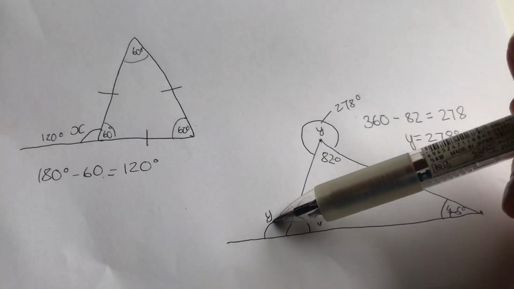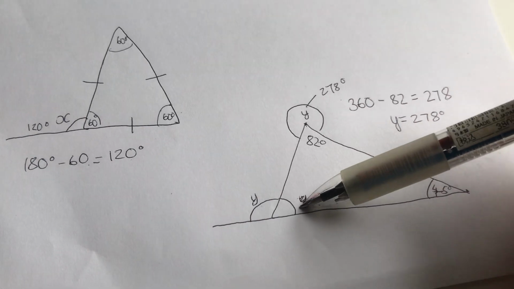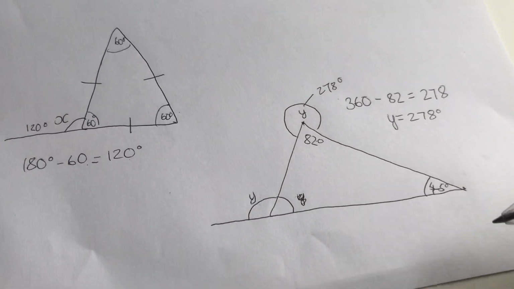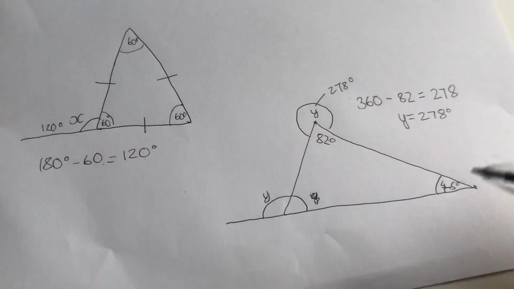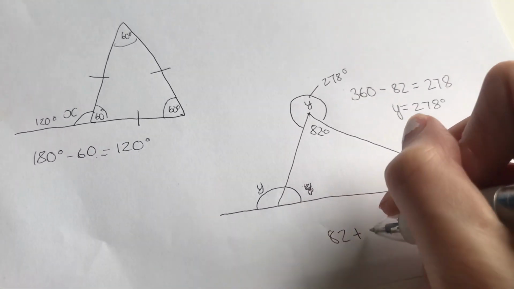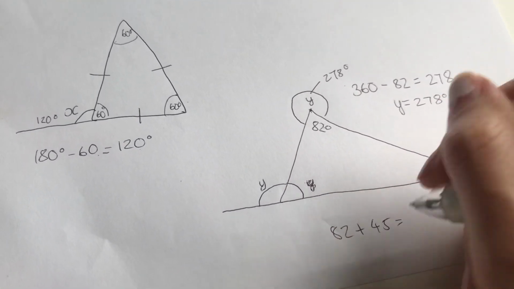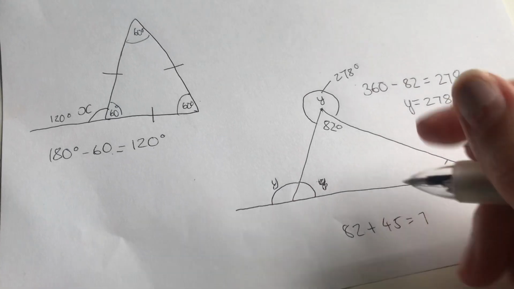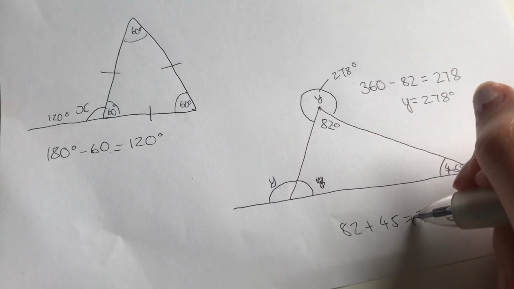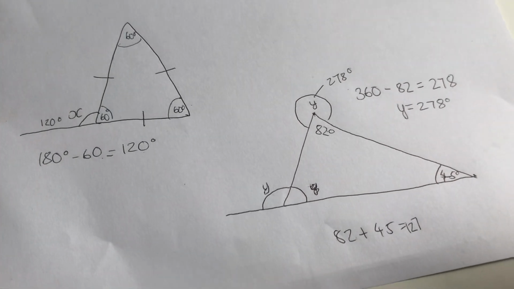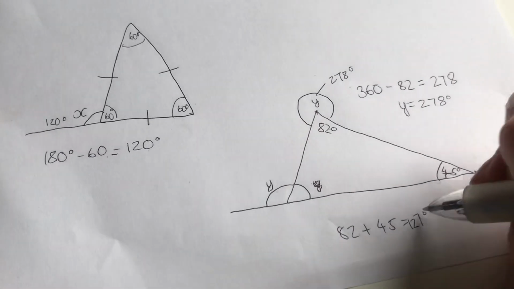Now then, I need to know what Y is, but I don't know what this angle is here. I do know, however, that this is 45 and this is 82. So let's see what 82 add 45 is. Well, 5 add 2 is 7, 8 add 4 is 12. So they are 127 in total.